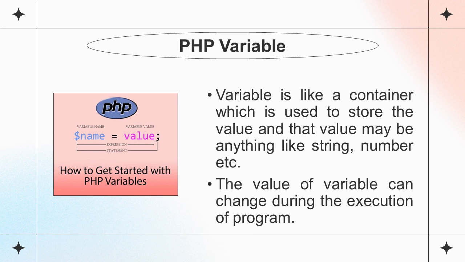Then what is a variable? A variable is like a container which is used to store a value. The value of a variable may be anything like a string, number, etc. The value of a variable can change during the execution of the program. Let's understand the topic of variable with our general life. Take an example.